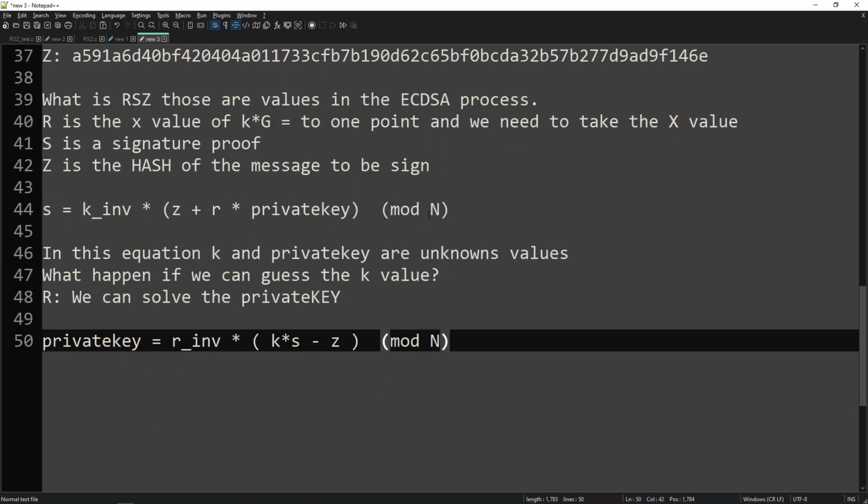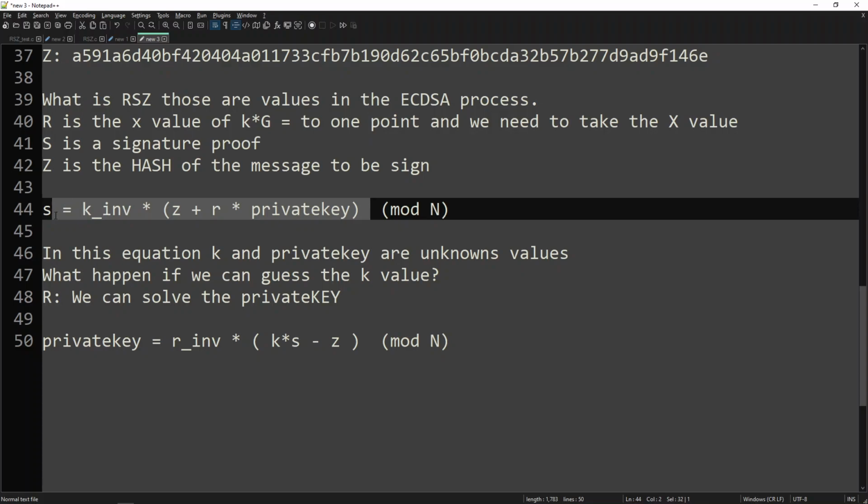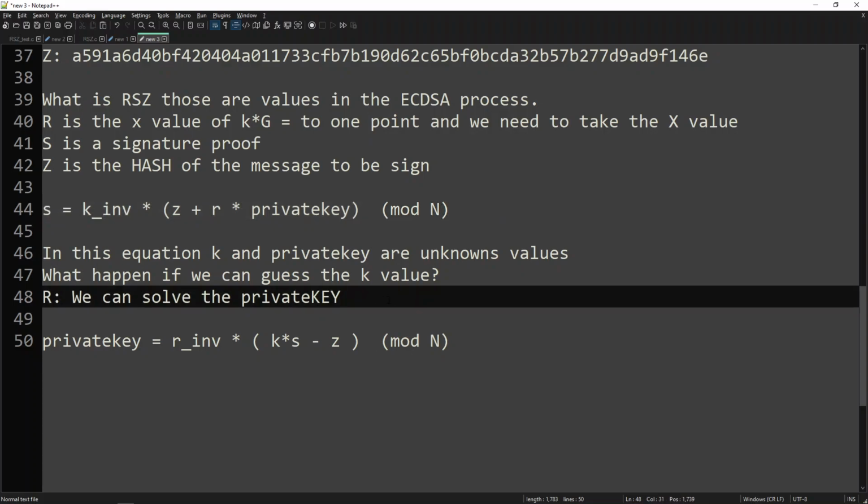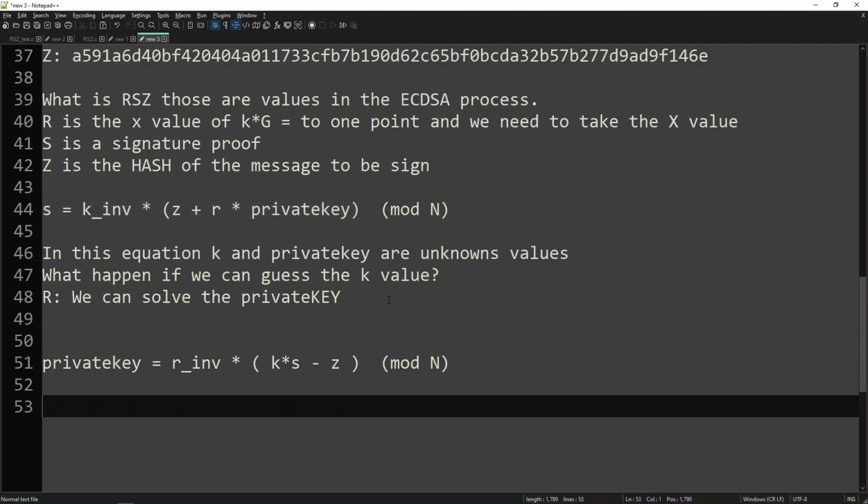You can actually copy this value, you can corroborate it by yourself. Okay, with me, right?